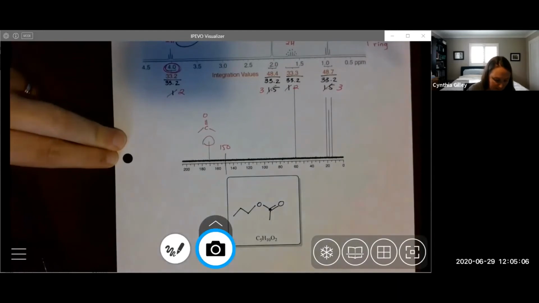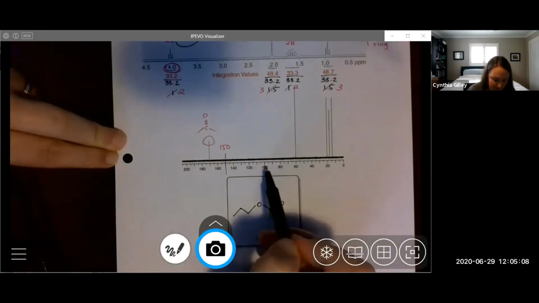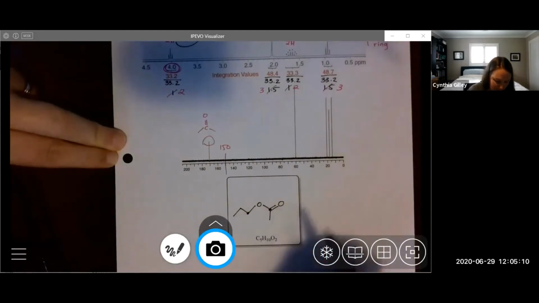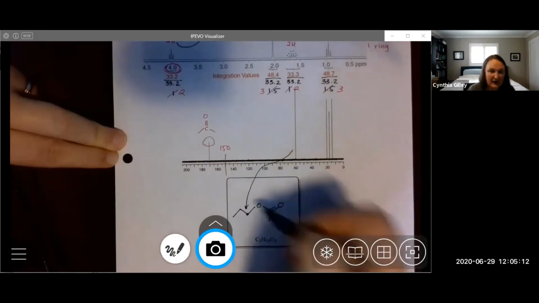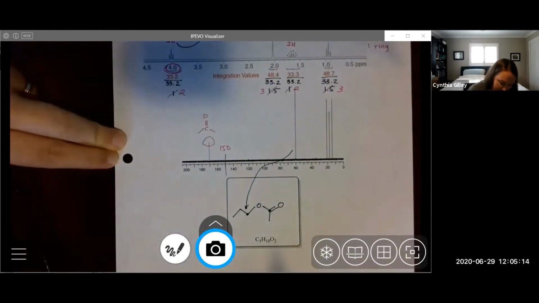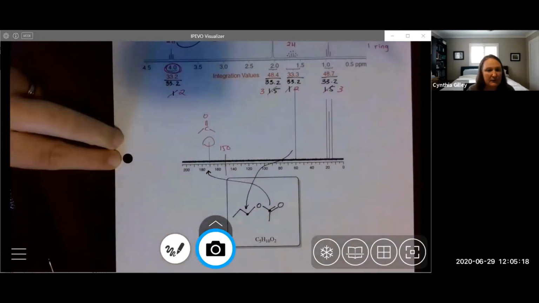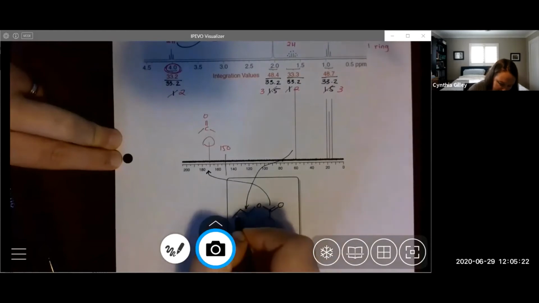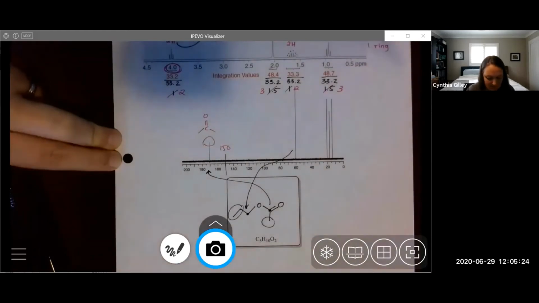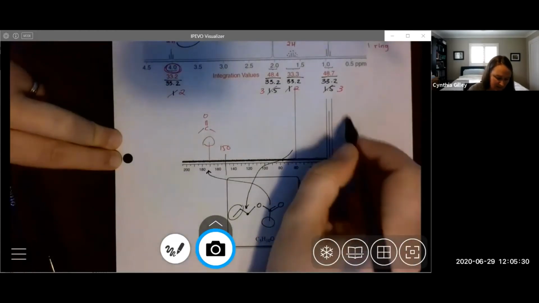We've got something between 50 and 100 for the carbon attached to oxygen. And then basically we have 3 carbons that are not attached to oxygen, they're attached to other carbon, expected to be way down.